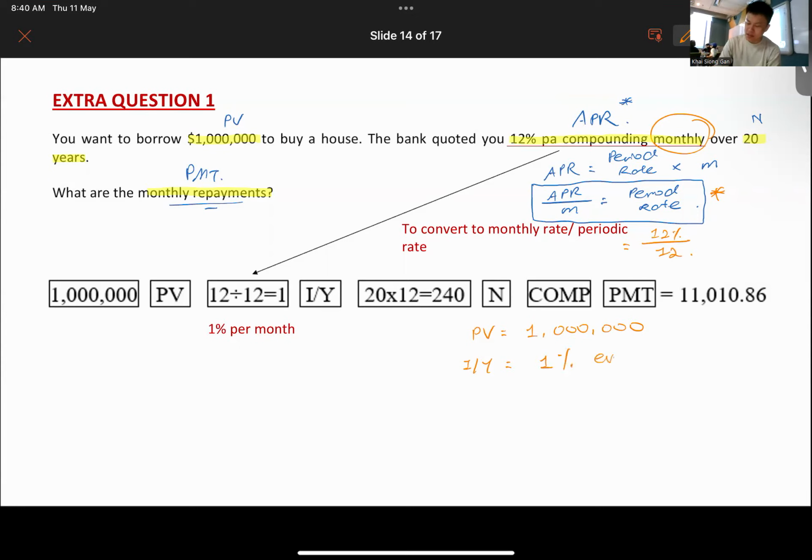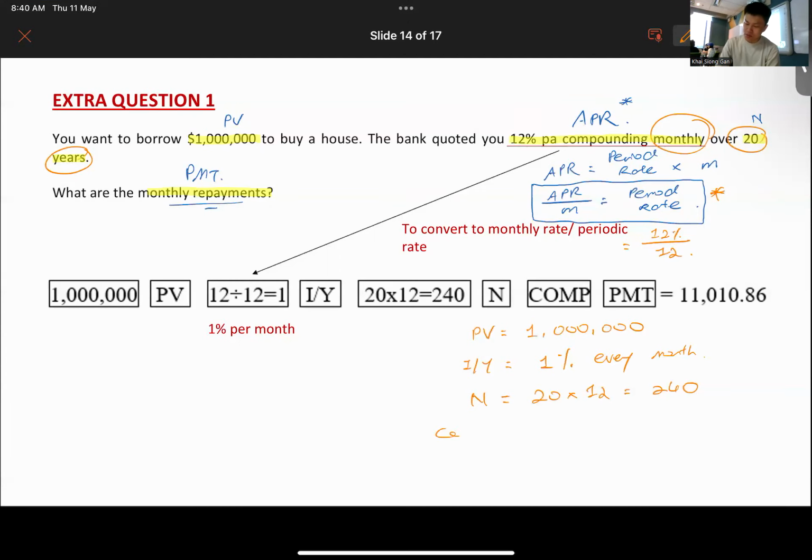And what about my number of periods? 20 years, but this is compounded monthly, so we look at a monthly basis. In 20 years, how many months do we have? 20 times 12 equals 240.